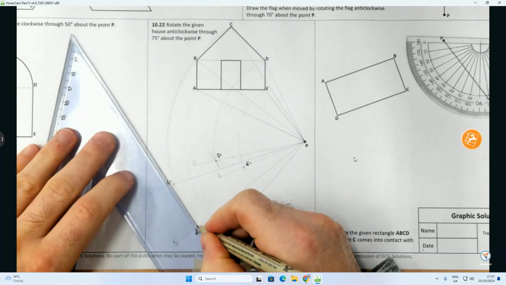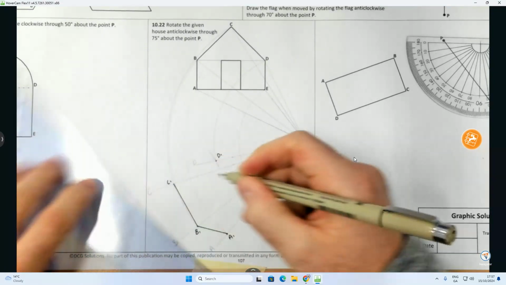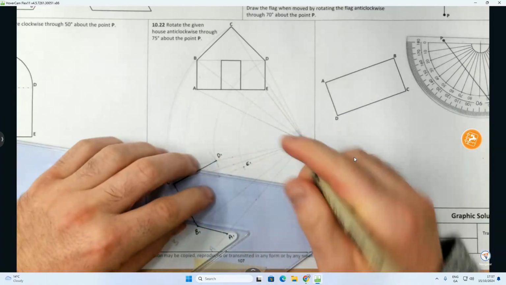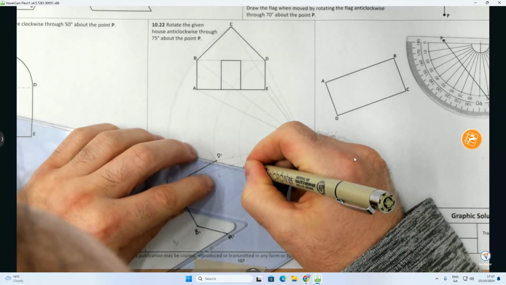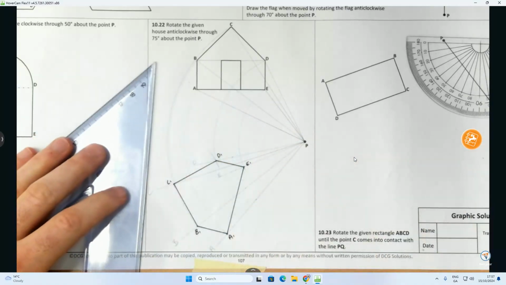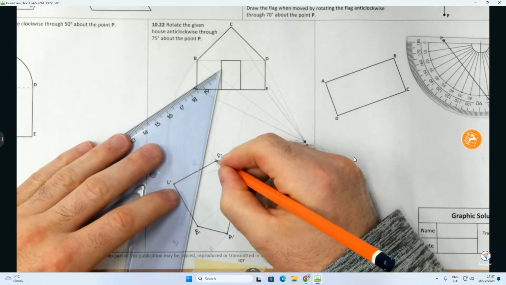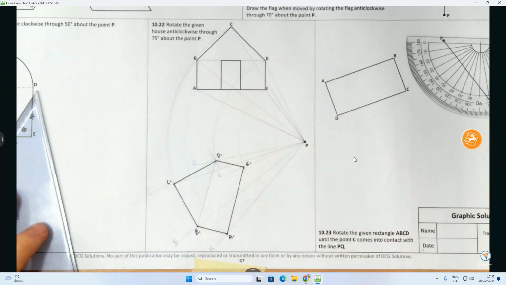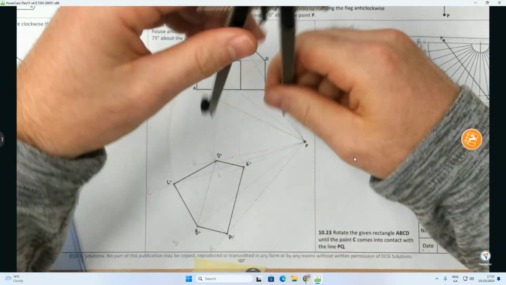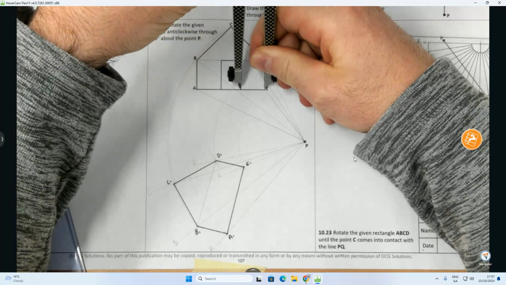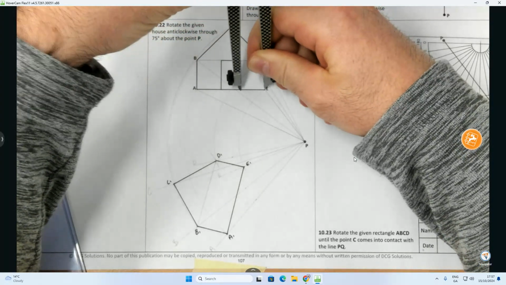Now, simply a case of connecting the points. That's not bad, I do say so myself. I'm going to connect B and D because that's the line that the top of the door is on. The easiest thing for me to do now is take the distance from E into the door, like that.